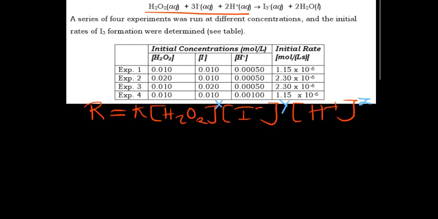Any questions right now before we proceed in finding the values of x, y, and z? Are we together?